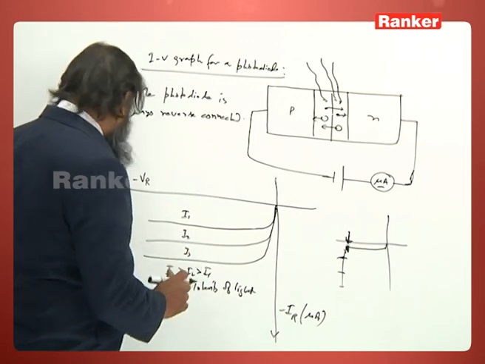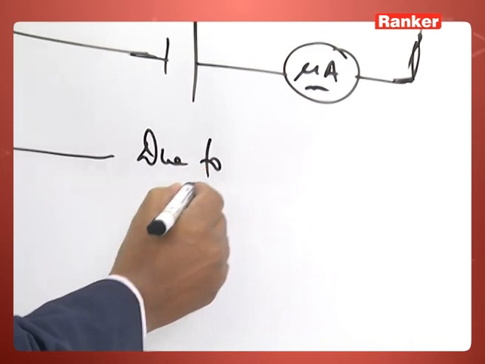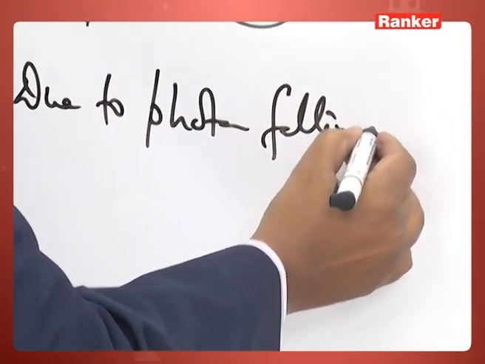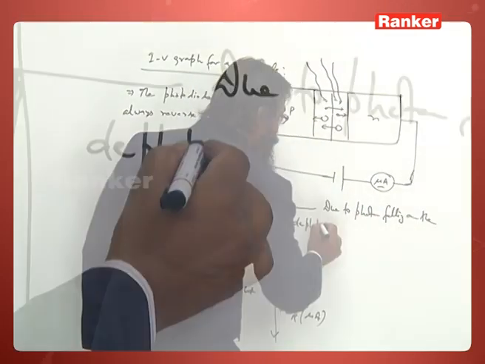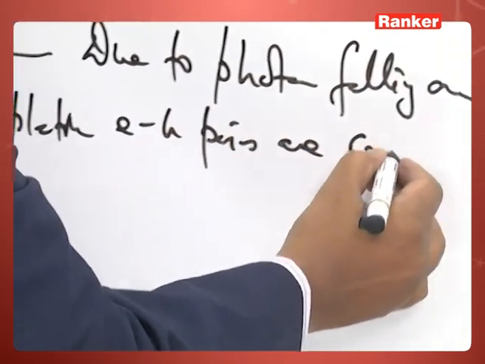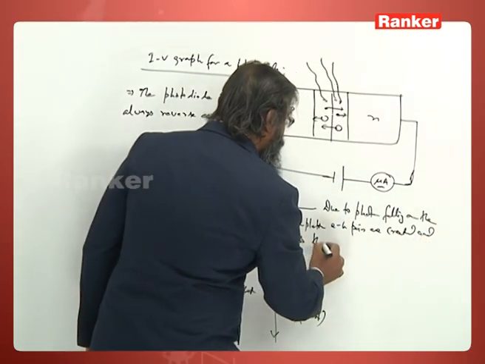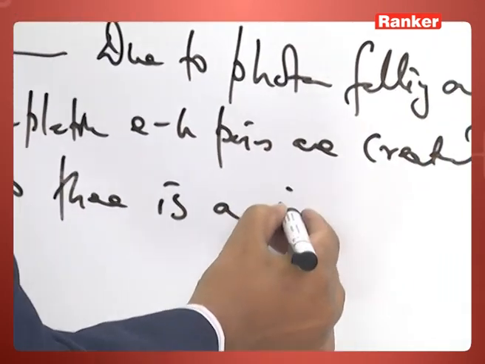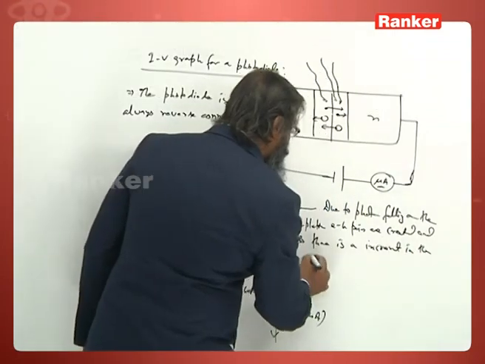So, we can write this point as: due to photons falling on the depletion layer, electron hole pairs are created, and so there is an increment in the drift current.